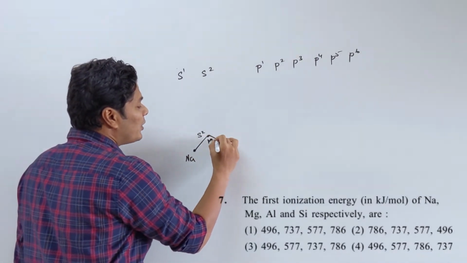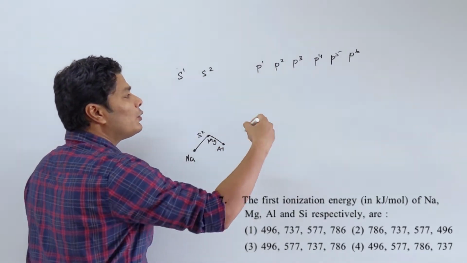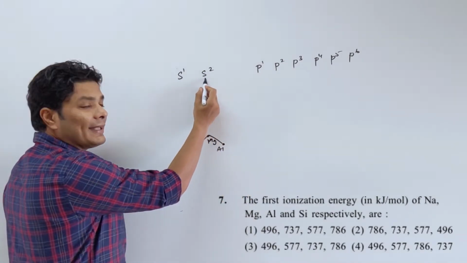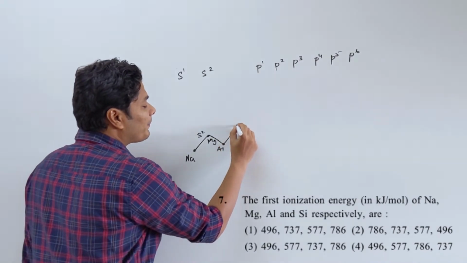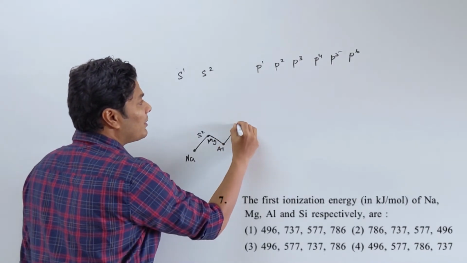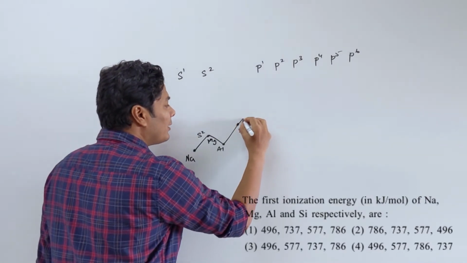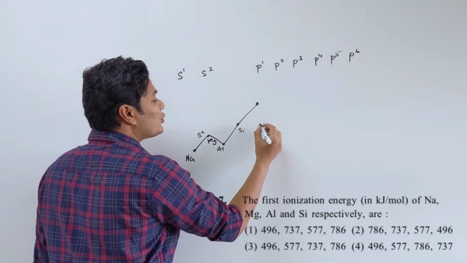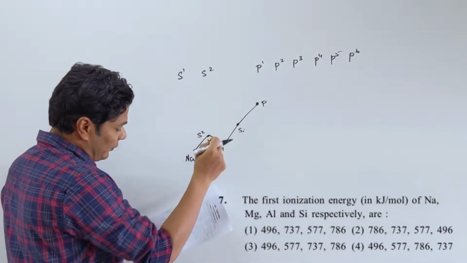This is magnesium. Then it is going to be lower for aluminum because P1 can lose an electron and become S2. So aluminum is lower, and then you're going to have higher for a carbon group. Here they have given you silicon. Carbon group is higher. Nitrogen group is even higher. So in our case they give you only 4.